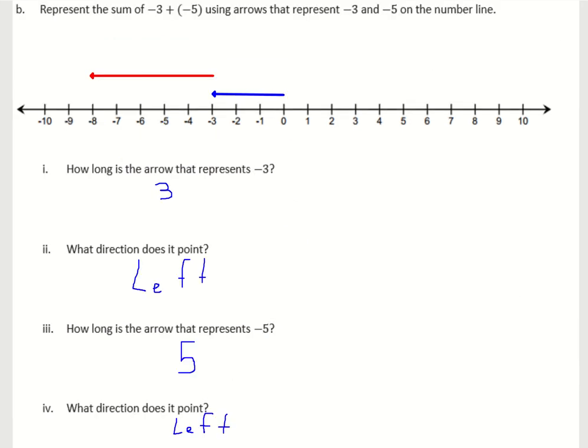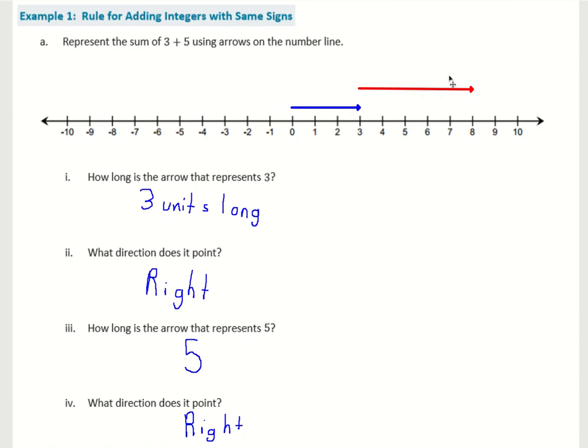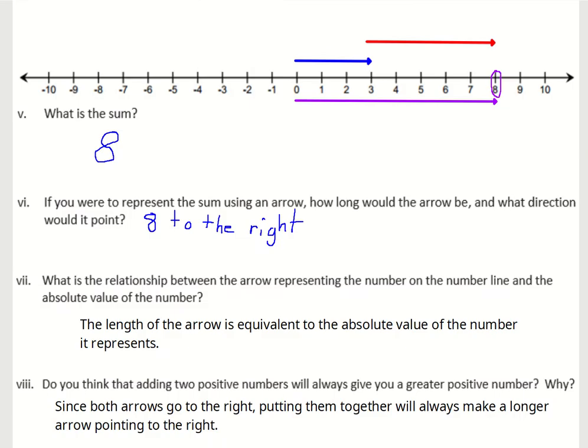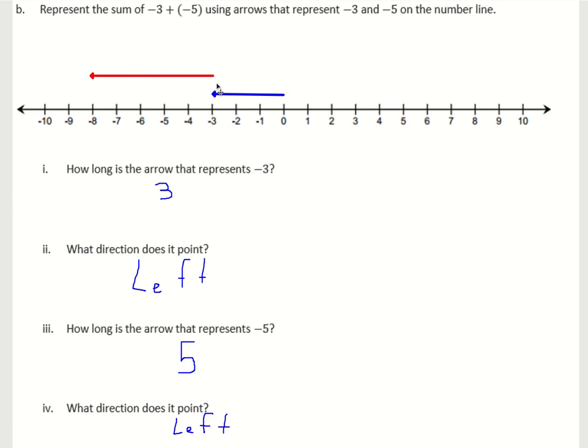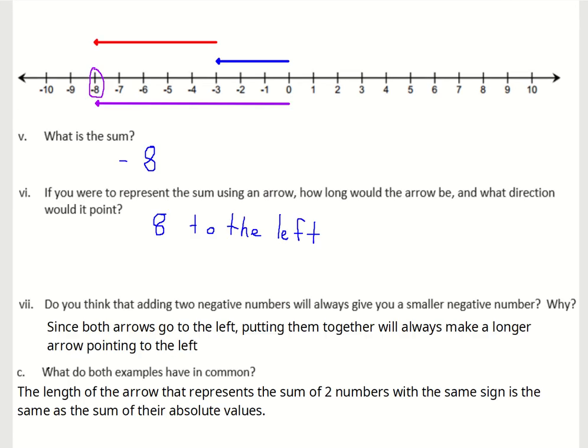So for my positives, I can add together the absolute values of my numbers, and I know that I need to make my answer positive because they were both positive. For my negatives, I have to add together the absolute values of my two numbers, and then since both of my numbers were negative, I need my sum to be negative.